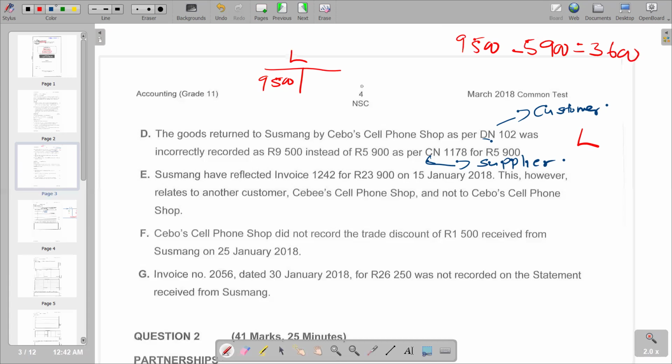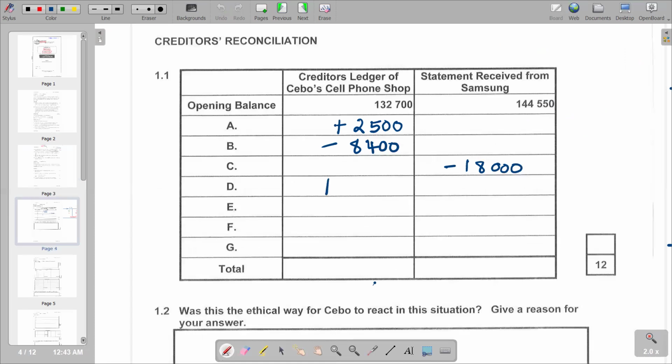So we are supposed to correct it by entering 3,600 on the credit side so that it goes back to 5,900. Remember, in the ledger, credit is a plus, debit is a minus. So the correction on the credit side is going to be a plus in the ledger column. So we come here and say plus 3,600.